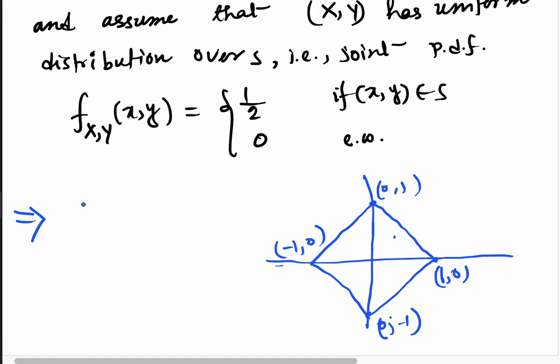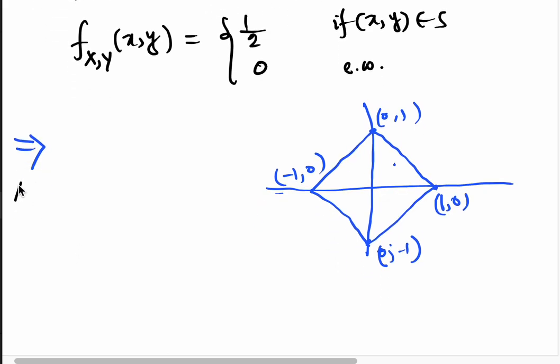So now we have to say which statements are correct. Find the correct option from the below. A: expectation of x is less than expectation of y.